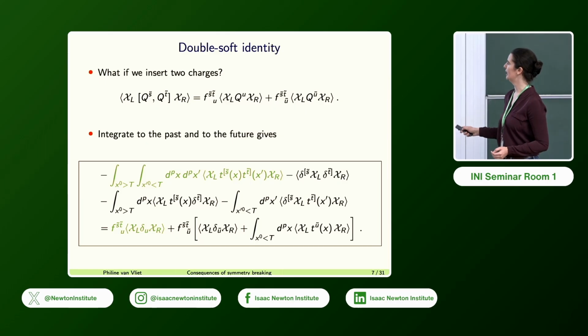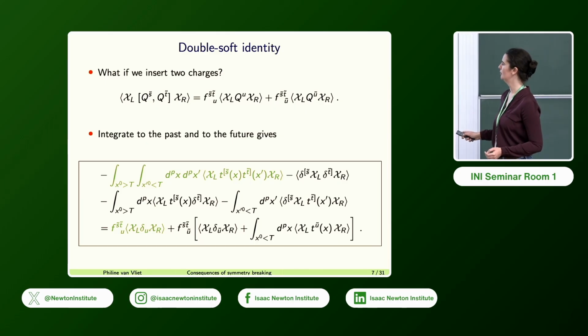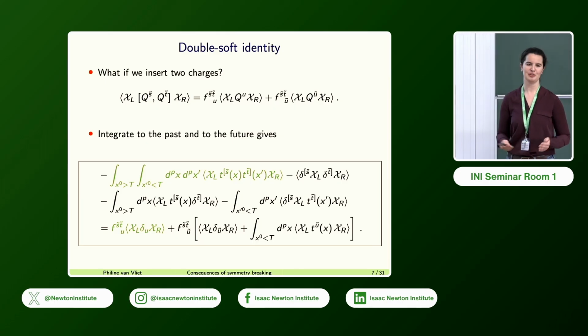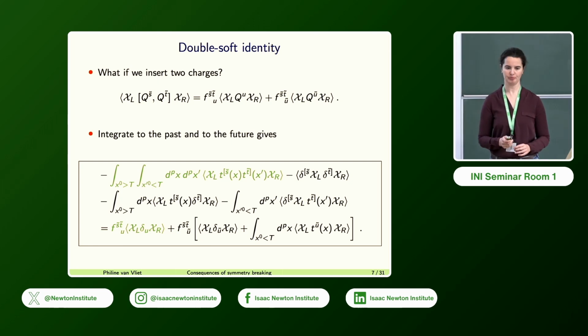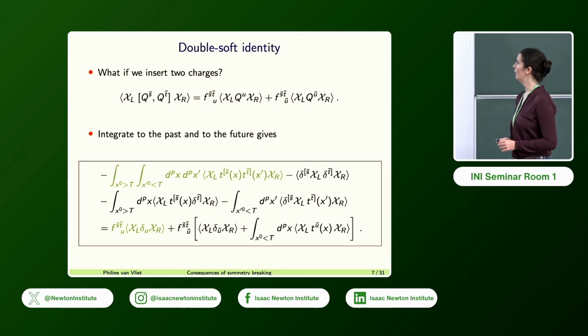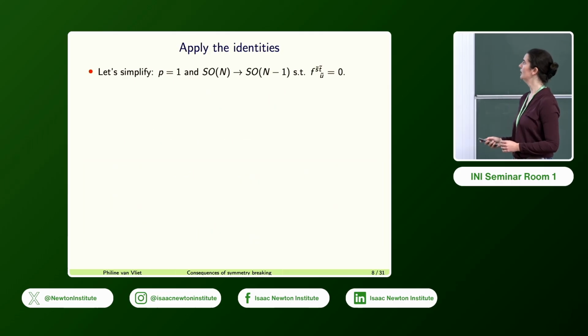In particular, all the terms in green are conveniently the ones that will play a role today, and the rest will just be zero. Okay, so these are the two identities that we will work with, and for now they're quite general, so let's simplify a bit and also consider some specific correlators.